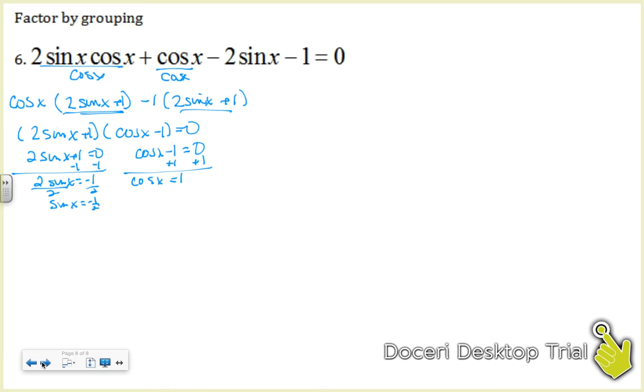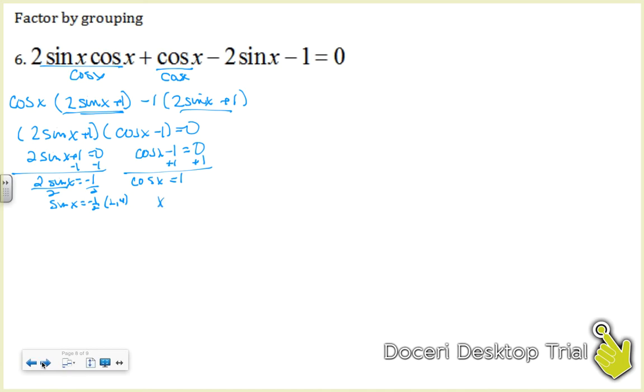Okay, so the first one is sine equaling negative 1/2, and that's going to be in quadrants 3 and 4. And cosine equaling 1, well, that's going to be on the x or y axis for those whenever you have 1s or 0s. So that's only going to happen in one place.